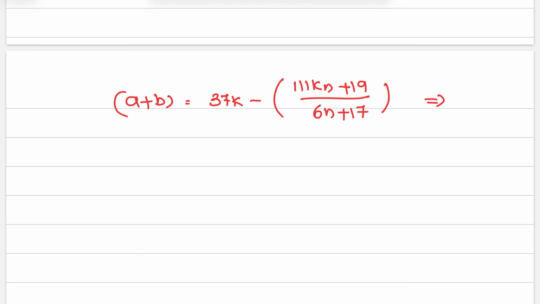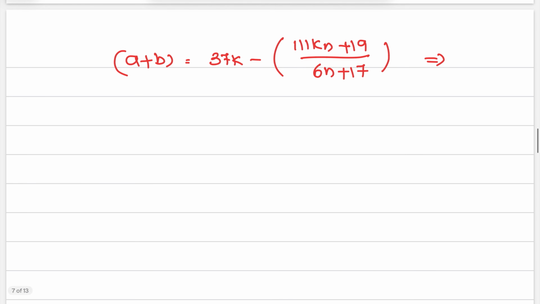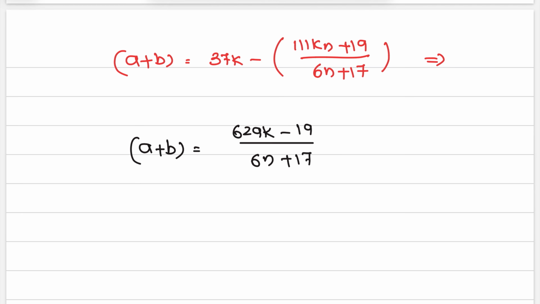That implies we have got the value of A plus B. Solve this particular equation, and we will get it in terms of n and k. A plus B is equal to (629k minus 19) divided by (6n plus 17).